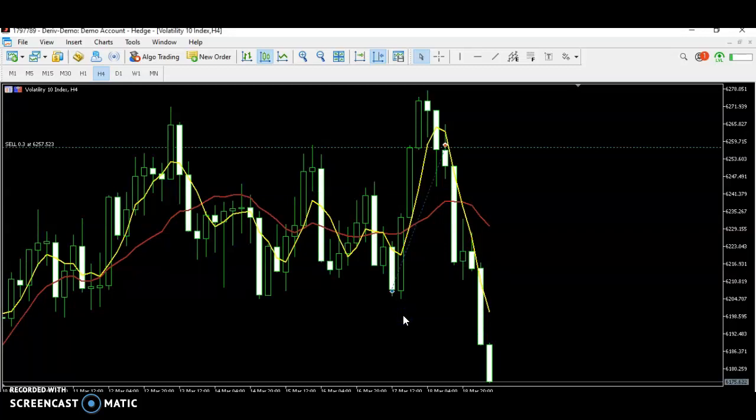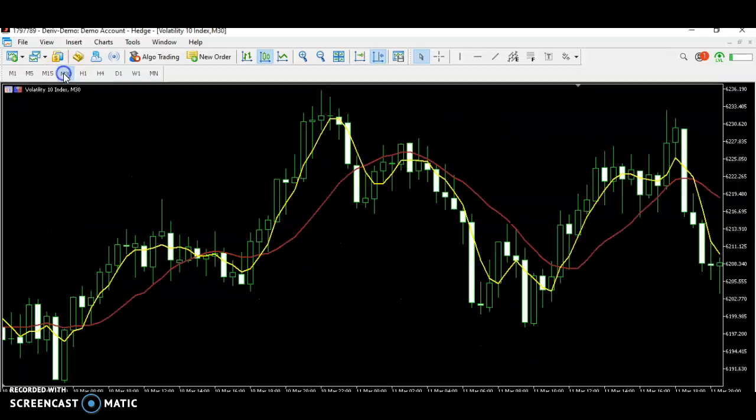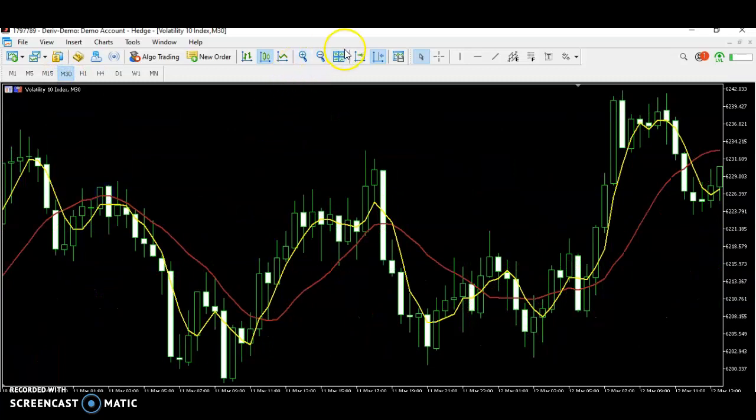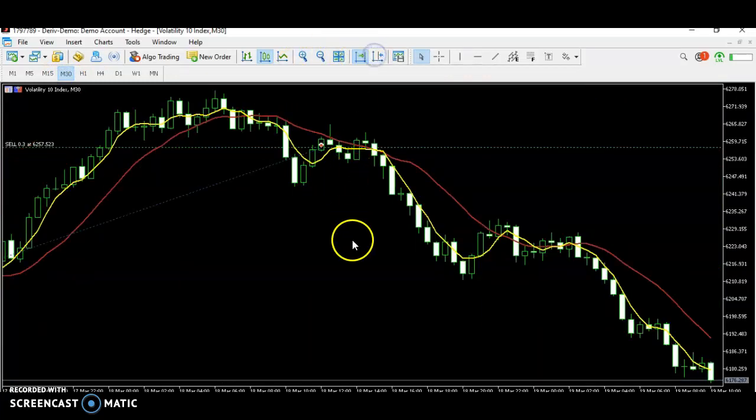It works perfectly fine. So immediately, under 4 hour, it was on a casual here. Then under 30 minutes, if you check very well, you see from this position it runs there, it crosses down the red.